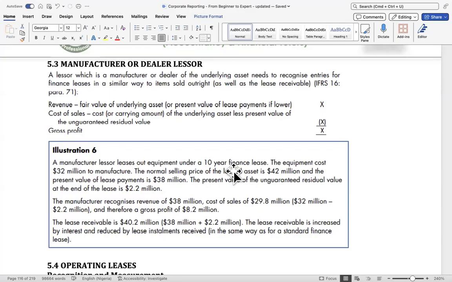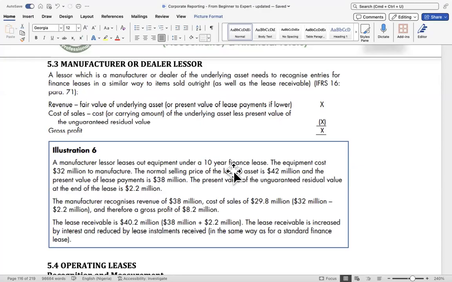So why is this an issue? The reason is this, right? You just want to cover all loopholes. We don't want any opening. Since this guy is also a manufacturer or a dealer or a seller of that item, ordinarily, if he had sold it, he would have made a gross profit.